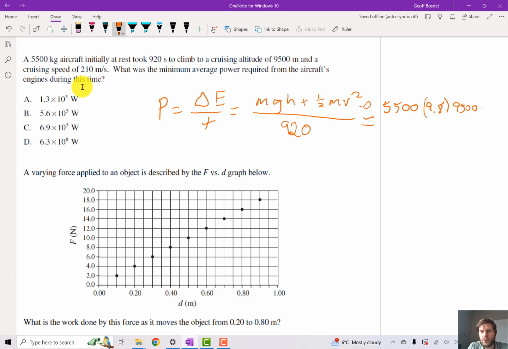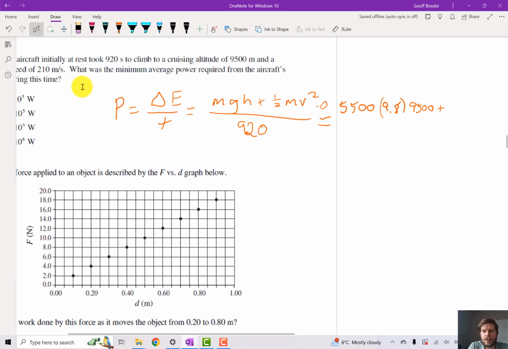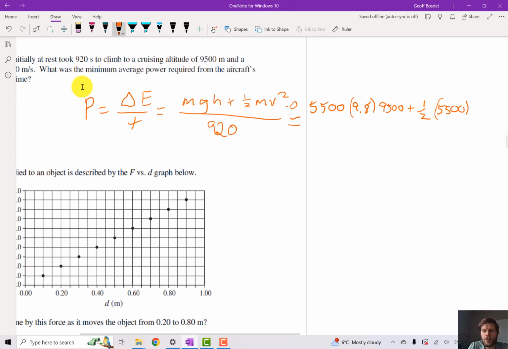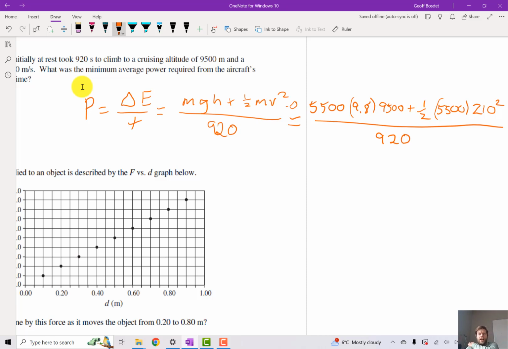Okay, so there's our potential plus our kinetic, which is 1/2 times 5,500 times 210 squared, all over 920 to change it from work to power to get joules per second instead of joules. And that's it, whatever that happens to be.